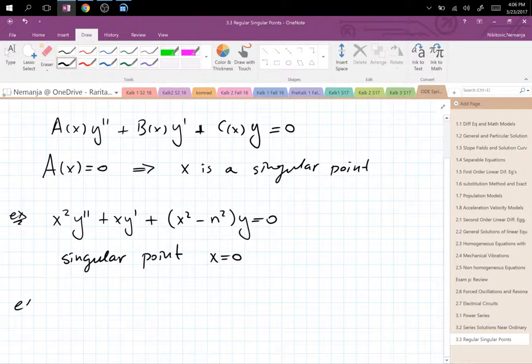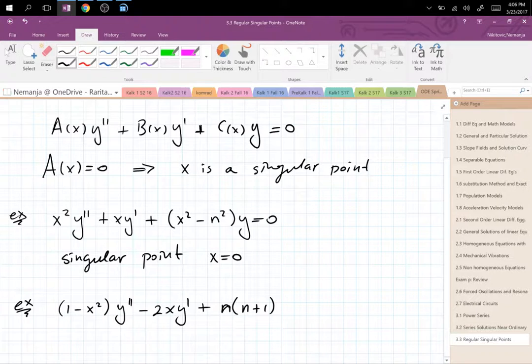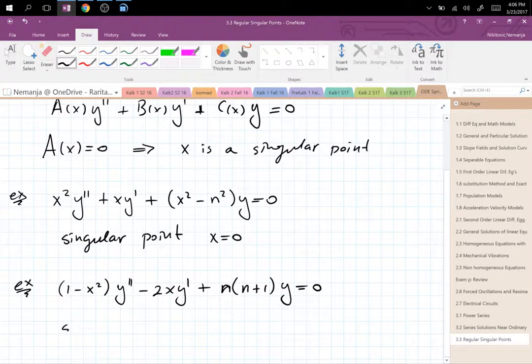Another example would be the Legendre equation, where you have (1 minus x squared) y double prime minus 2x y prime plus n(n plus 1) y equal to 0, in which case we have two singular points, at x equals plus minus 1.